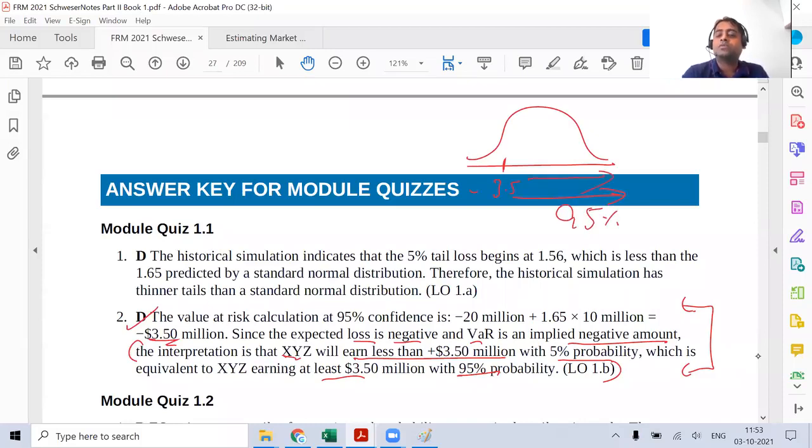So this has to be the area which they've given the answer in an indirect way. See, it's always the same. You're talking in terms of loss. So you can say 5% loss area or the 95% other side. You can say in both the terms.